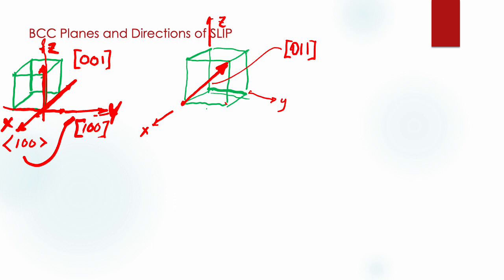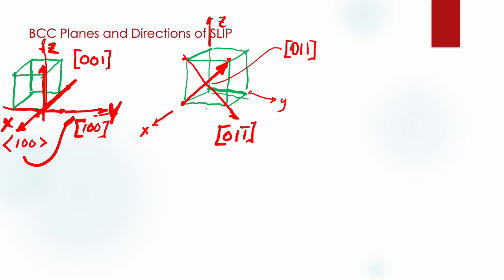The direction that's perpendicular to it will be, in this case, moving 0 in x, plus 1 in y, minus 1 in z. So this direction is [0, 1, 1 bar]. A bar is used to indicate a negative direction.